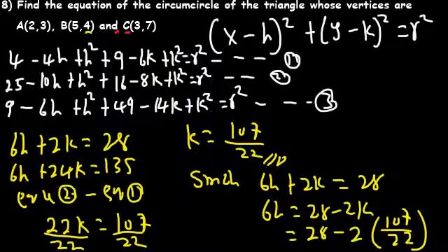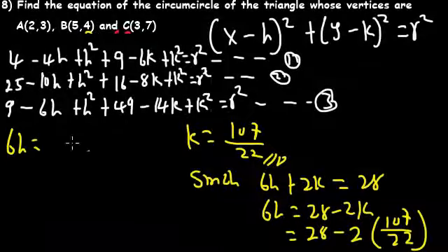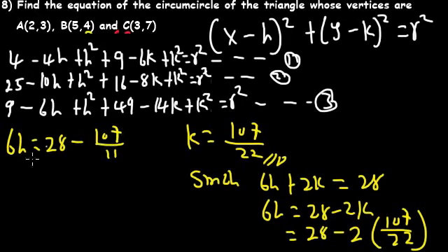So let's simplify that. We have 6h equals 28 minus 2 reduced, which gives 107 over 11.